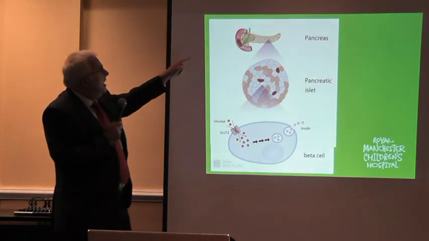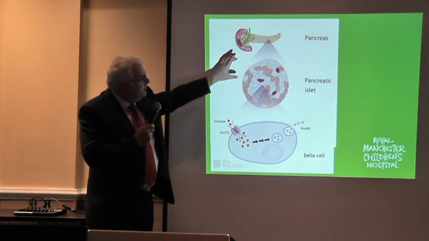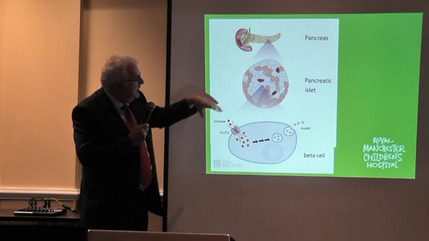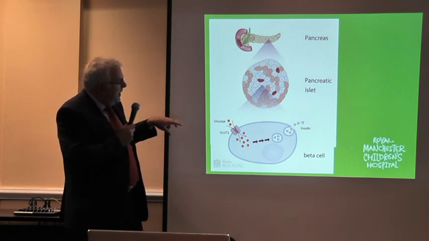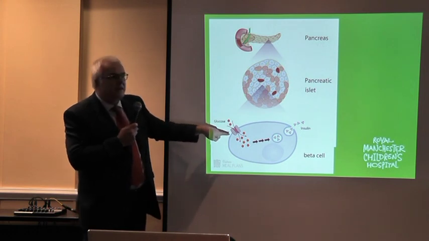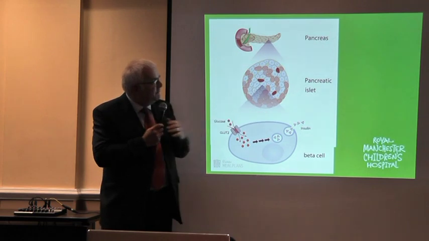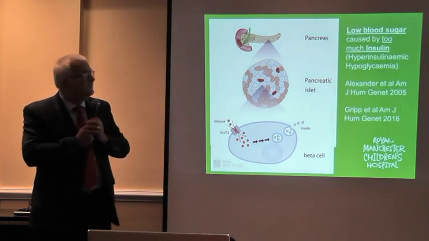So inside the pancreas are these little pancreatic islets, which are made up of a bunch of cells. One type of cell responds to glucose in the blood, more of these little molecules in the cell in the pathway, and they lead to the release of insulin.